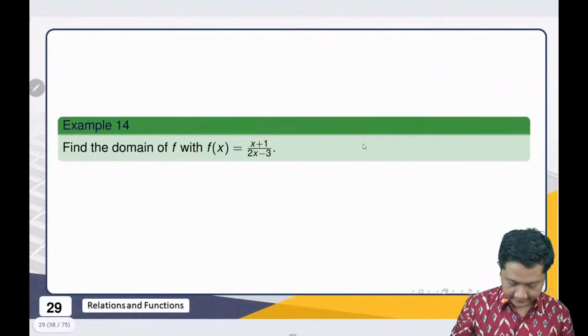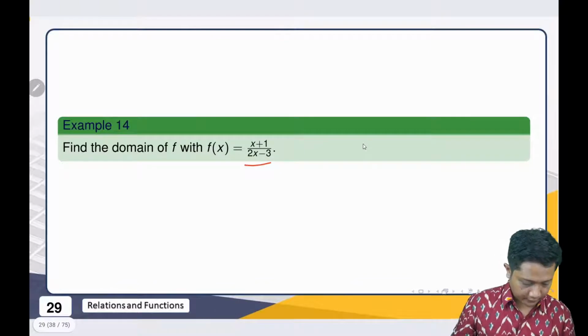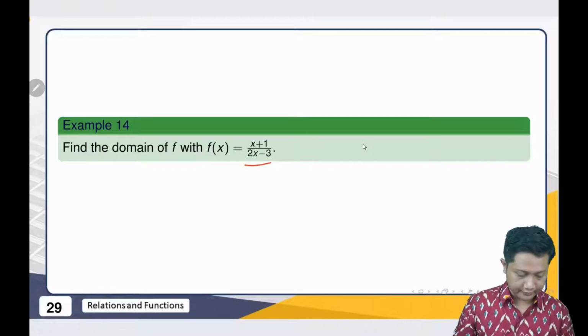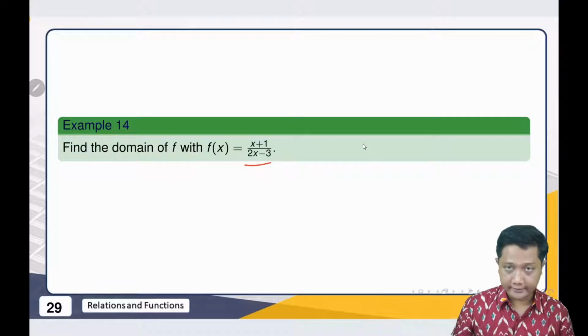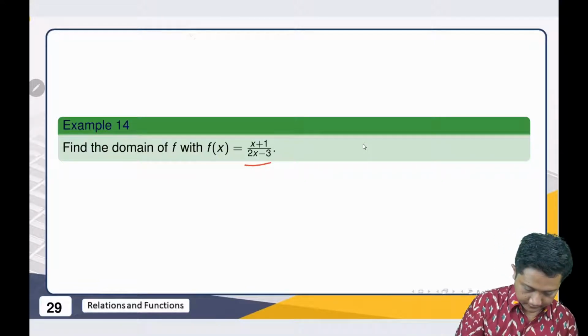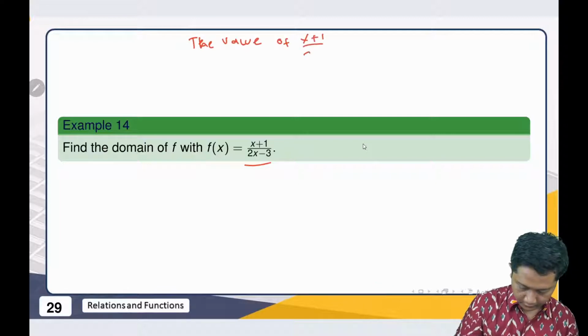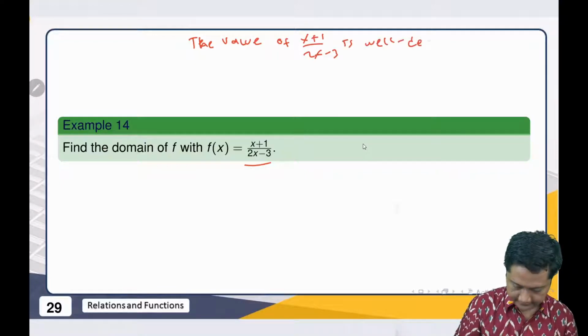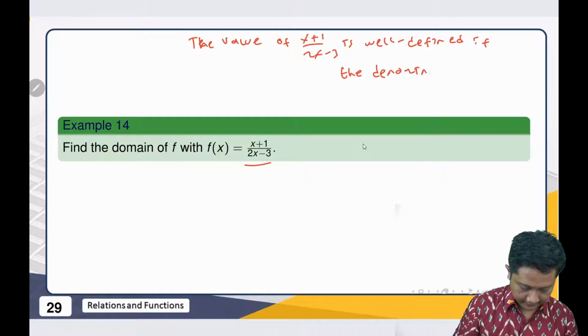Okay, next, for example, for this one. If we have a fraction, make sure the denominator cannot be 0. So the value of (x plus 1) over (2x minus 3) is well defined, or exists, if the denominator is non-zero.